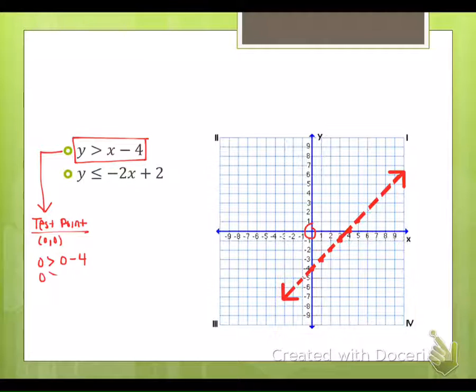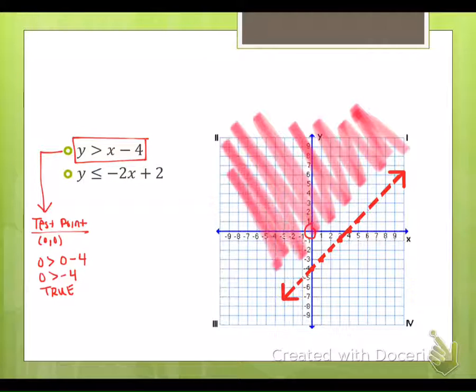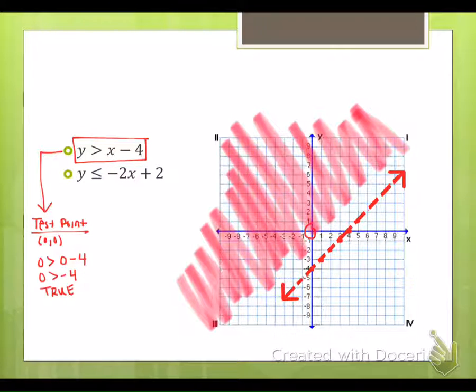Is 0 greater than negative 4? Yeah, so we're right with shading above. So I'm going to take my different color now and shade above the line. Make it light. I wouldn't shade too dark.